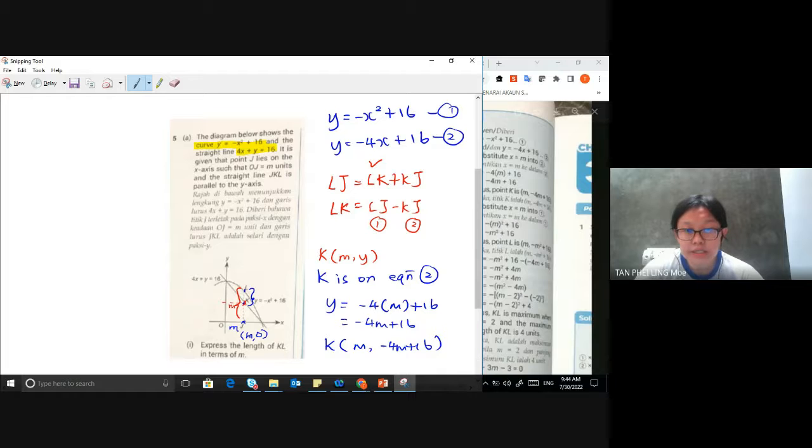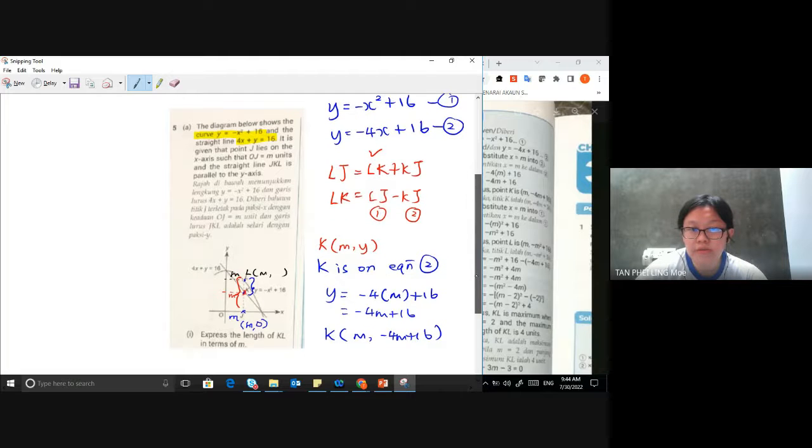Okay, and then the same thing, you can observe here that your L is also somehow, I use black for L. My L is also the same distance. Do you realize that? So my L is also M and something. And I know that my point L is on the quadratic. So for L, it will also be M and then another Y. So I need to find out what my Y is.